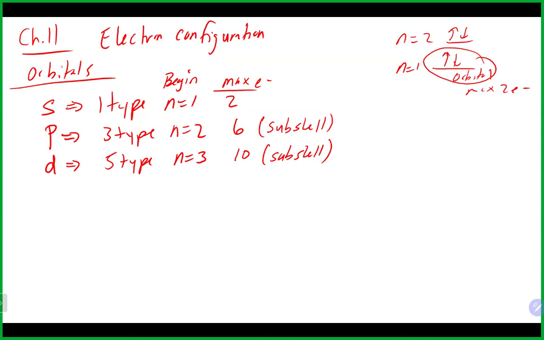You just need to use however many orbitals you need. But that is the maximum you can put in there if you filled it completely. Lastly, there are f orbitals, and there are actually 7 different types of f orbitals. They do not begin until you get to the 4th energy level. And that means there are 14 electrons in that subshell if you fill it all up.